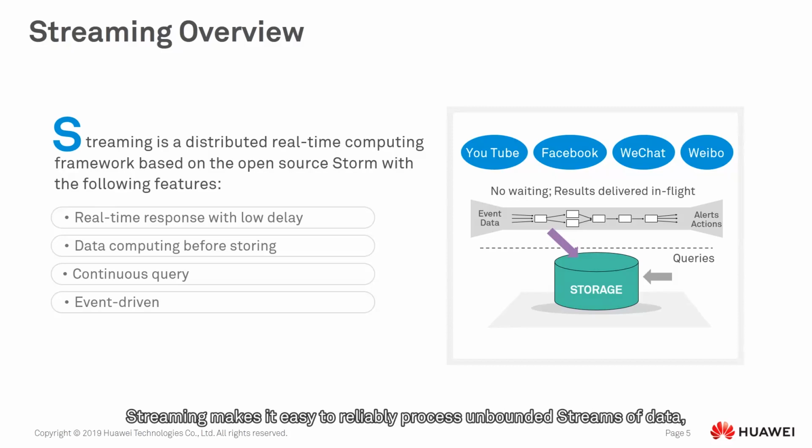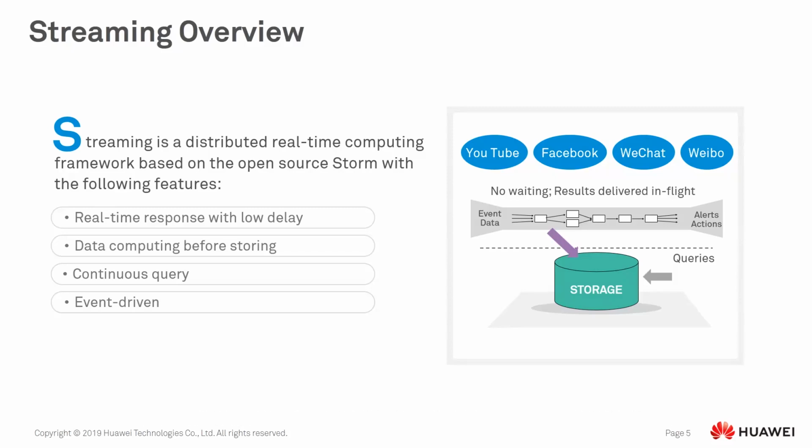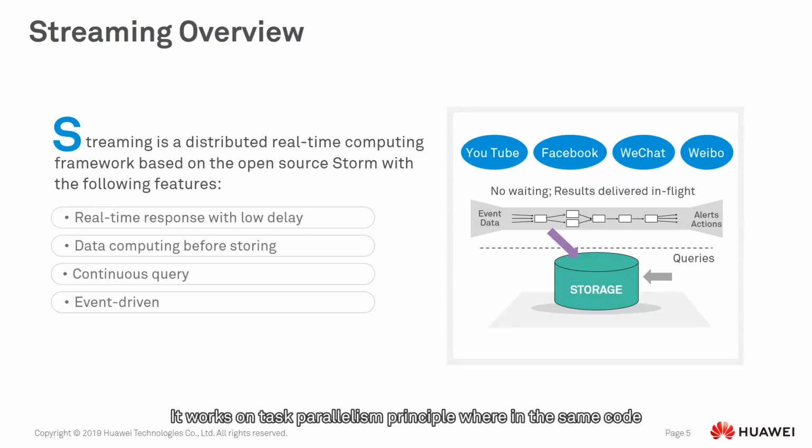Streaming makes it easy to reliably process unbounded streams of data, doing for real-time processing what Hadoop did for batch processing. It works on task parallelism principle wherein the same code is executed on multiple nodes with different input data. It's simple, can be used with any programming language, and it's a lot of fun to use.